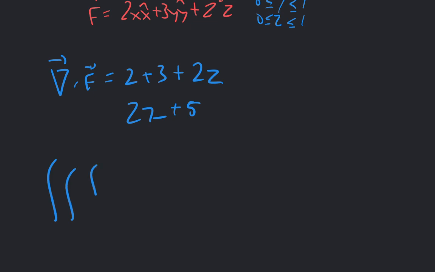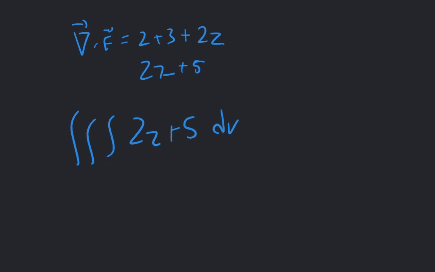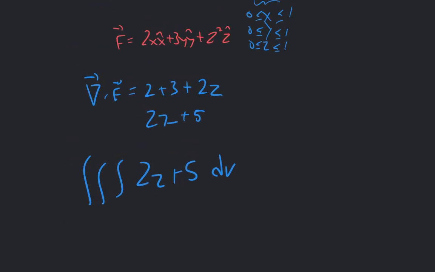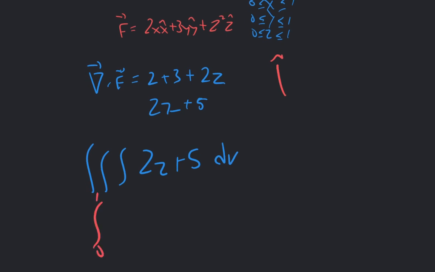And you set up the triple integral of 2z plus 5 dV. Now, because we're integrating over the volume, we clearly defined our cube, so it's 0 to 1 for everything.